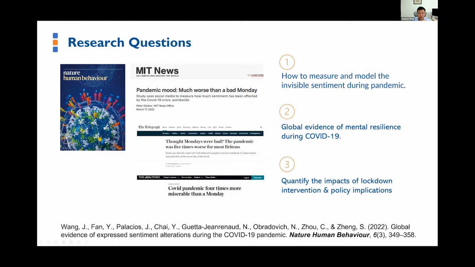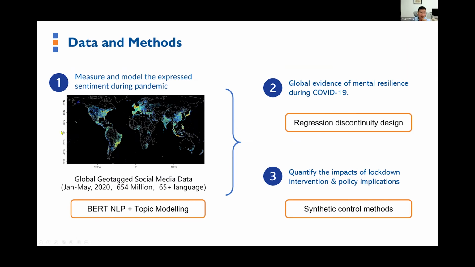To answer these questions, we have some data and methods. For the first question, we use billions of geotagged social media posts collected globally. We use the BERT NLP method plus the topic modeling we introduced before. The data covers January to May 2020, and contains over 65 languages globally.